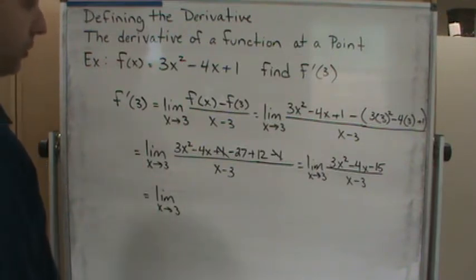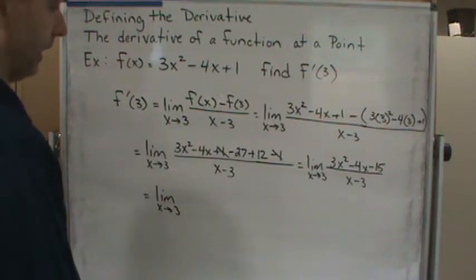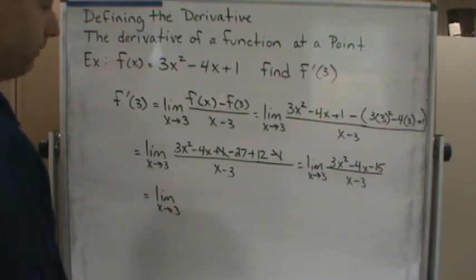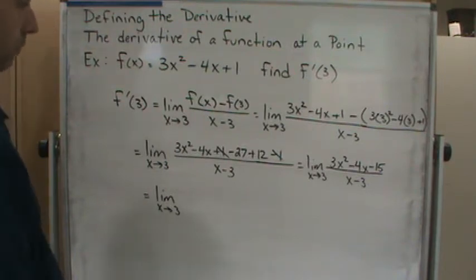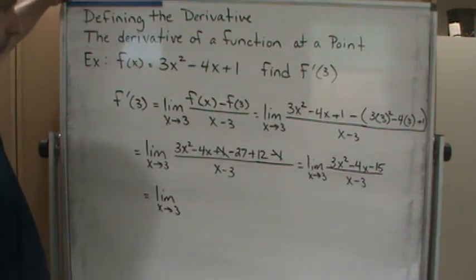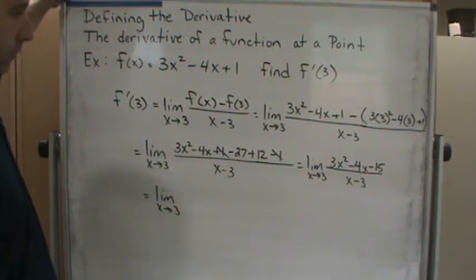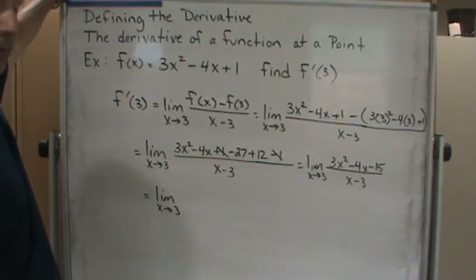So 2 factors of negative 45 that give me a negative 4: 9 times 5 is 45, so it's going to be negative 9 times 5.